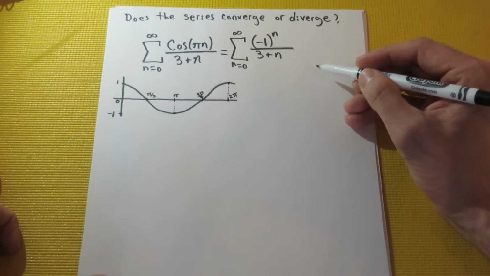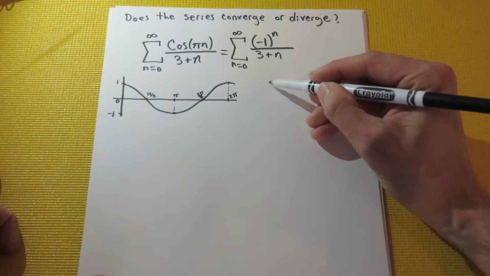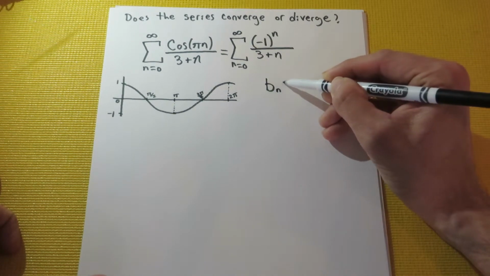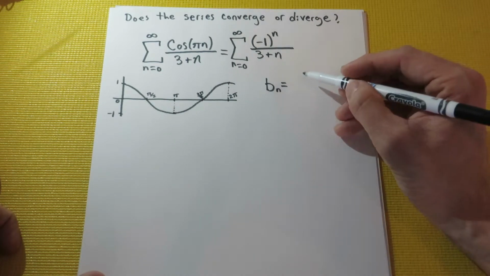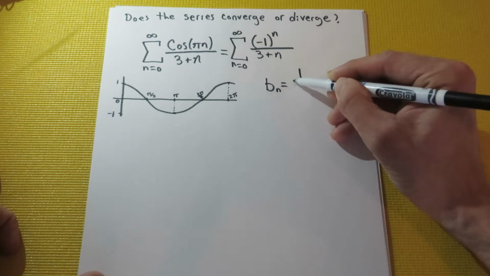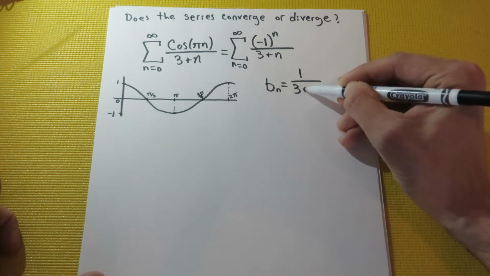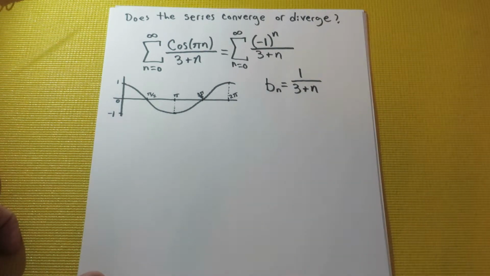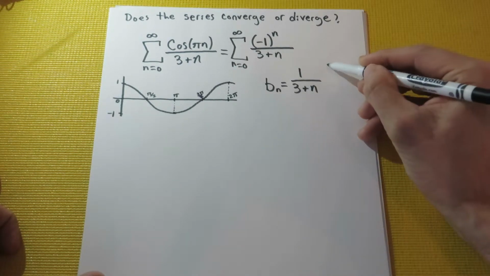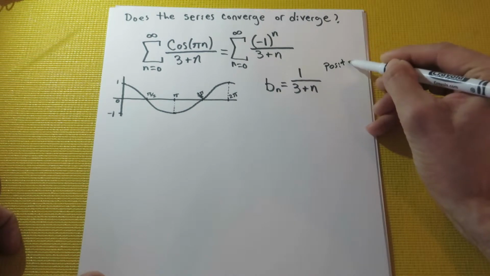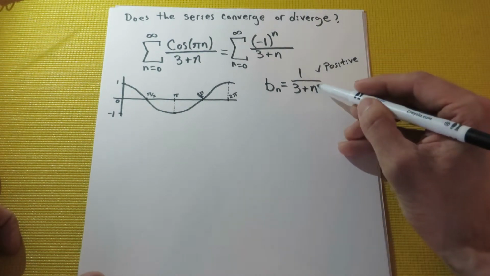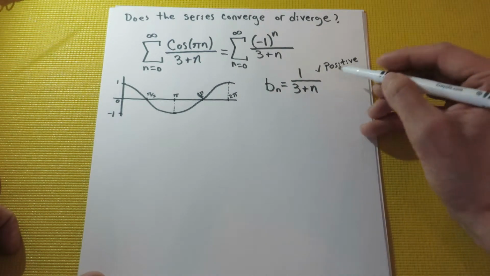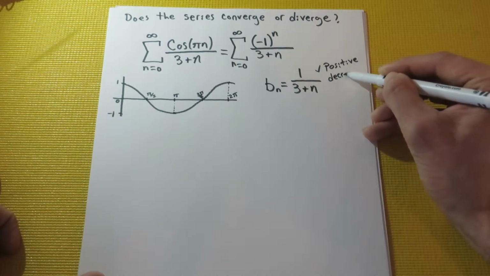We know that our b sub n, I'll just write it down here, our b sub n is going to equal this part here, the part that's positive, 1 over 3 plus n. And we know that it's always positive. It is decreasing.